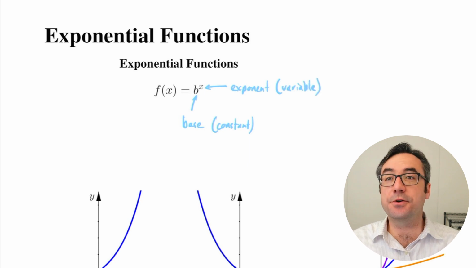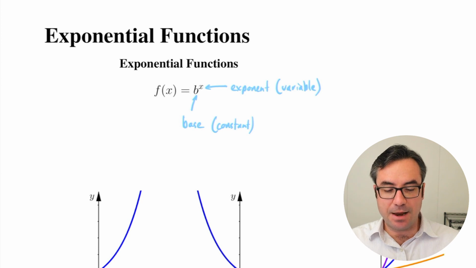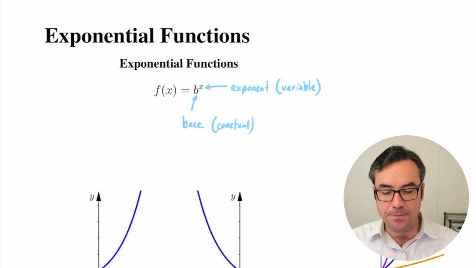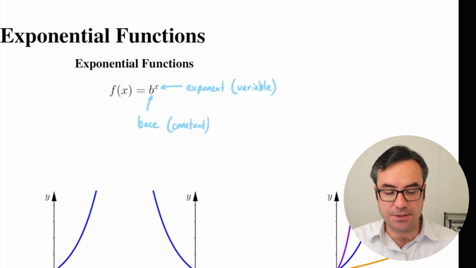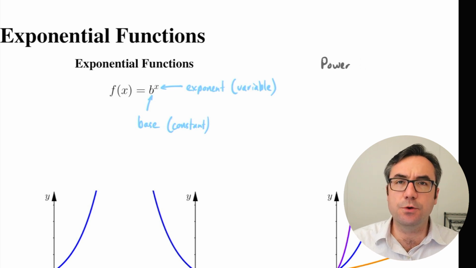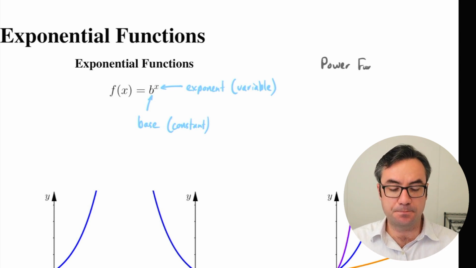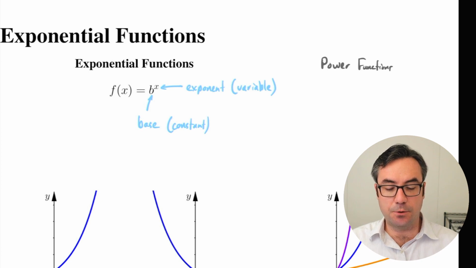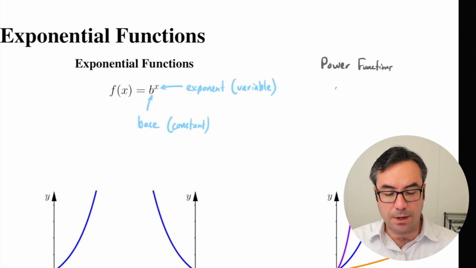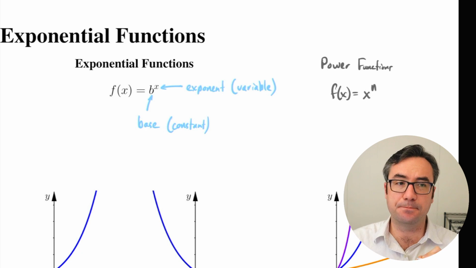Now, we've seen other types of functions, and probably the main function we've looked at all through the course so far is power functions. So let's compare this exponential formula to what we're used to with power functions. What does a typical power function look like? f of x equal to x raised to the power n.